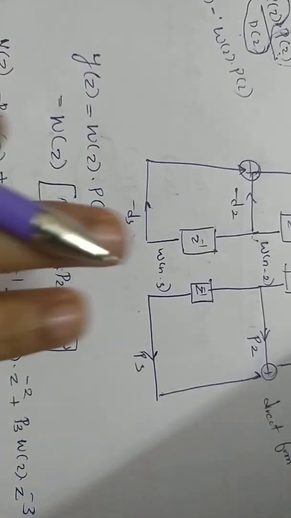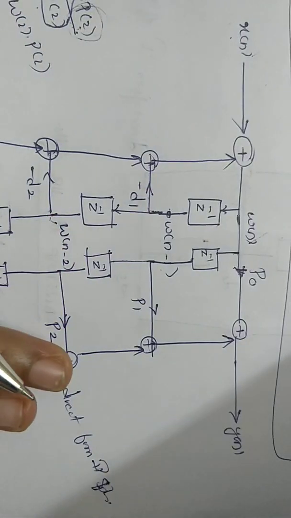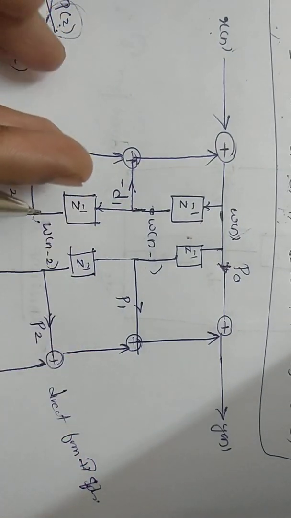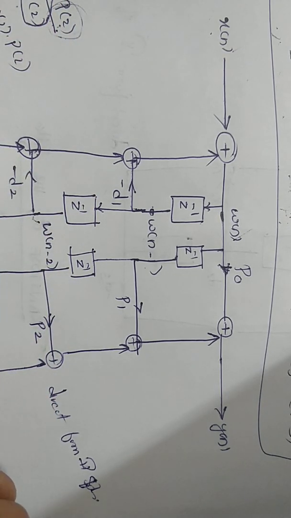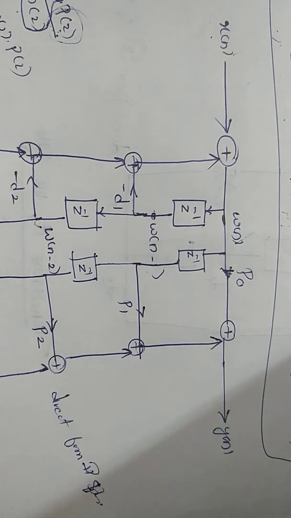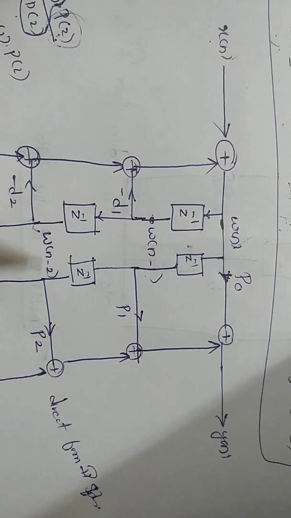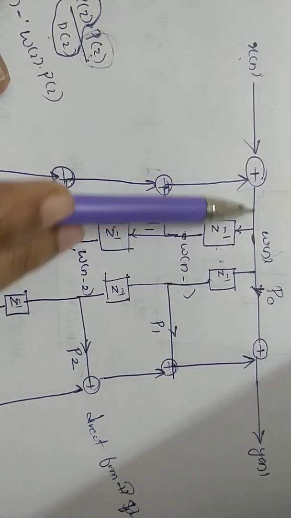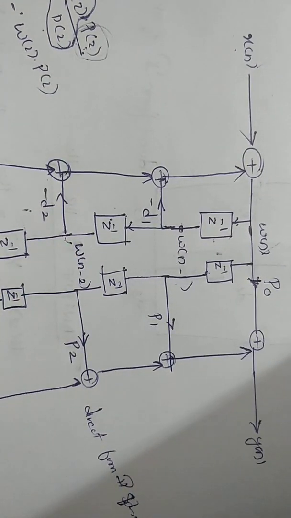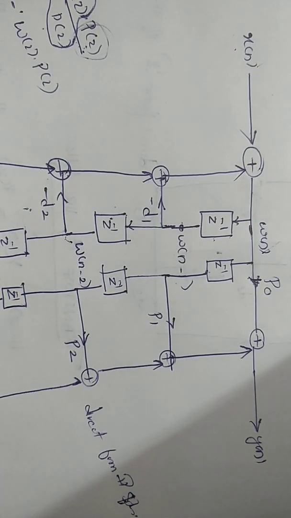Now we interchange the branches and merge common delays and adders. That is, this side is given to this side and this part is going to this side. Here you can see that these delays are common, these adders are common. So I am going to merge these delays and adders.